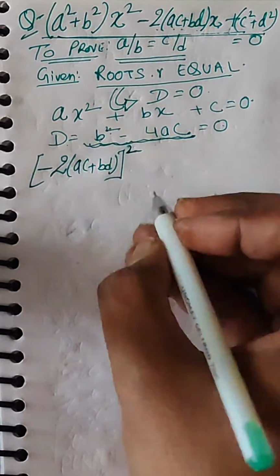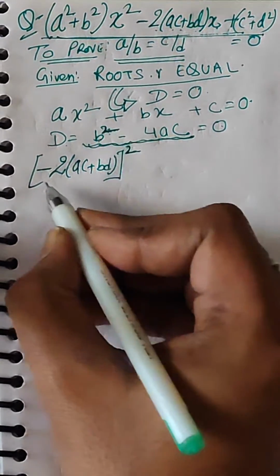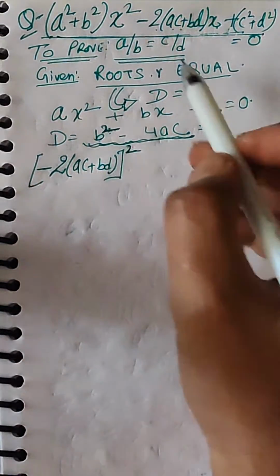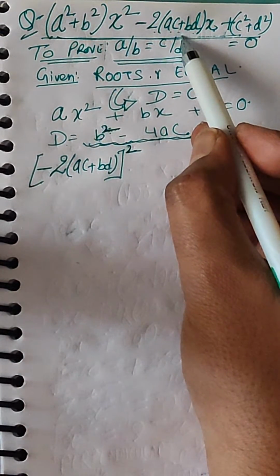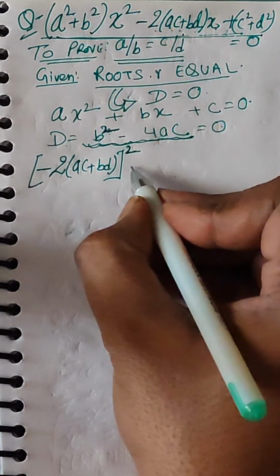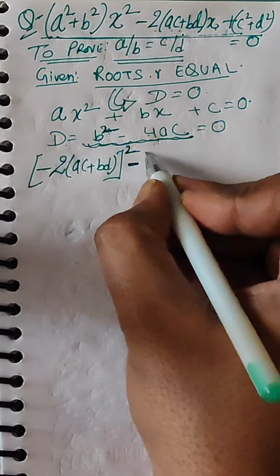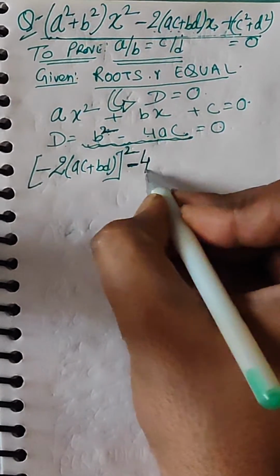Just visualize the above equation and put in the values for the discriminant. Minus 4 times a into c, so it will be minus 4 times a.